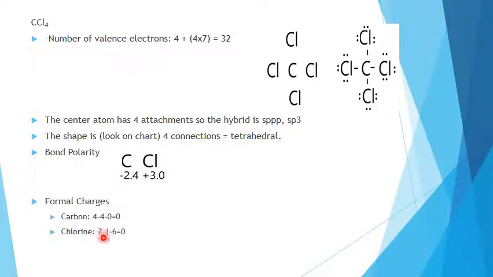And chlorine has 7 valence electrons minus 1 bond minus 6 dots equals 0, and that's each chlorine. So when you add up all the formal charges, you get 0, which is the charge on this molecule. And this molecule is a nonpolar molecule. It has the same things attached to the center atom.